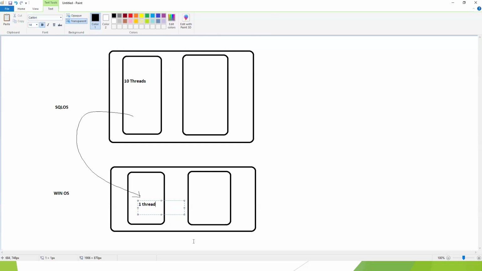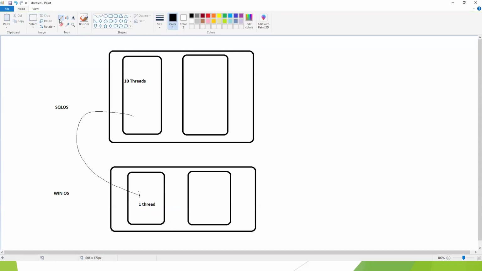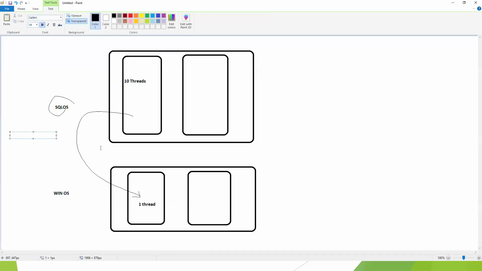Now, this thread has to come out of the Windows CPU. So it will go back to the SQL OS. I told you, right? What are the scenarios it will go? One is if it requires some resources, let's say locking, or it needs some pages, page IO, it can be anything. If it is waiting for some resources, it will go back to the SQL.